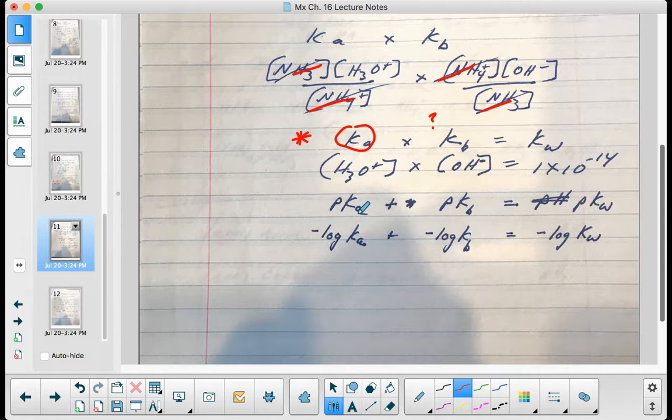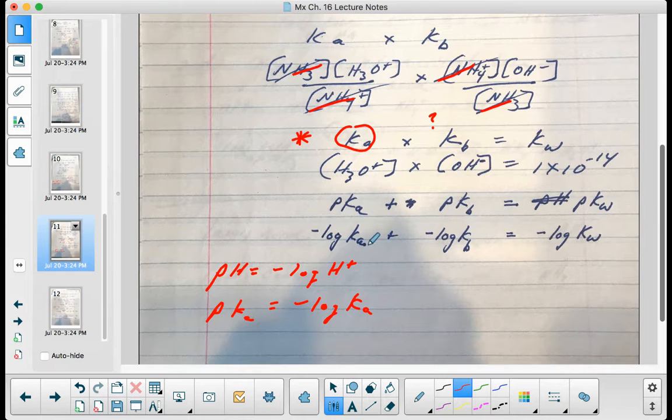That's just taking the negative log of the Ka, just like the pH is equal to the negative log of the hydrogen ion. Well, then pKa is just the negative log of the Ka value. And the same thing for pKb, and then the same thing for pKw.